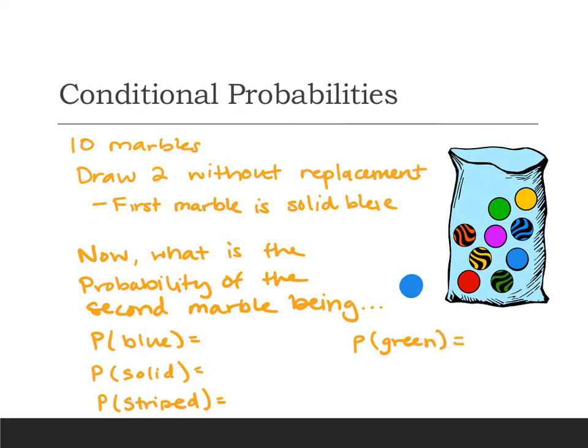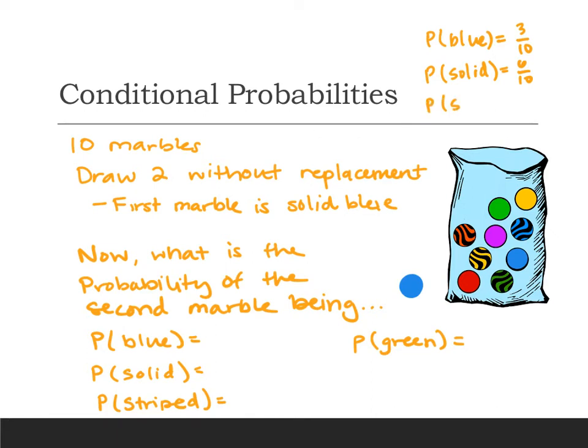To start with, at the beginning, the probability of getting a blue marble before I took that out would have been 3 out of 10. The probability of getting a solid marble, or no stripe, let's see, 1, 2, 3, 4, 5, 6 out of 10.